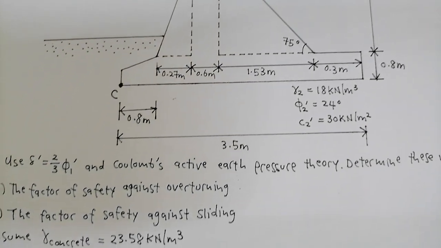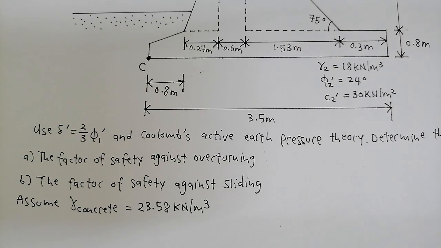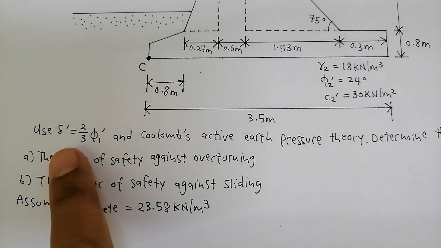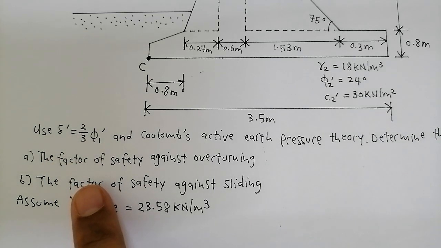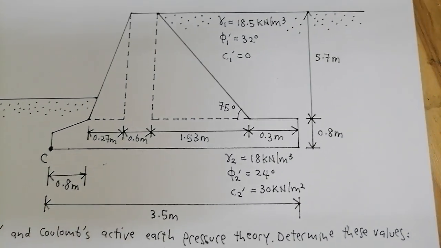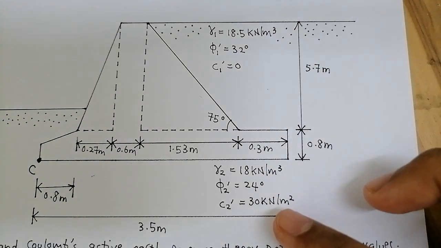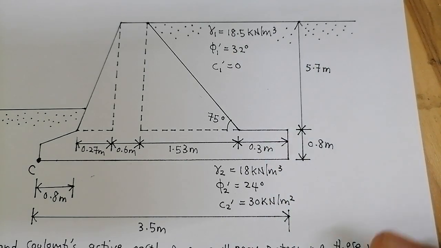Right, so what's next? Right, so these are the instructions. Can you see? All right, so delta prime, which is the wall friction angle, is 2/3 of the friction angle of soil 1. If you notice, we have 2 layers of soil. This is the first one, and then this is the second one with different properties.